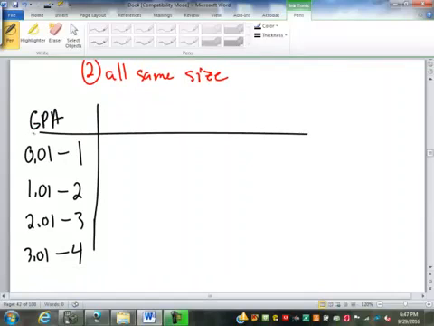So I'm just going to list this as GPA. I might say GPA classes. So one of the GPA groups. And frequency. Again, I would have all the GPAs in a list, and I would go one by one and put them in each group that they were in. To save time right now, we're just going to make up some frequencies here. Hopefully there's not too many in that 0 to 1.